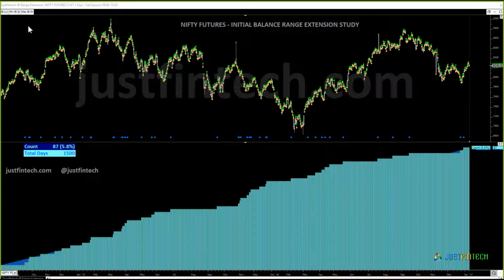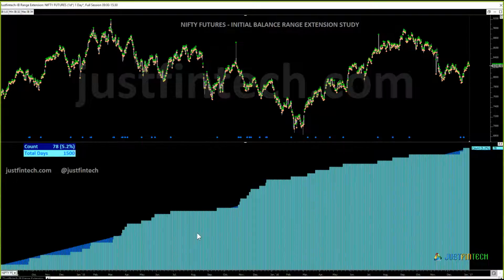So 120%, so 1.2x. So you divide this by 100 into 2. So you get a 6-point breakout. There is a 5.8% chance. And if I make this a 50% breakout, if I make this 1.5, then there is a 5.2% chance.